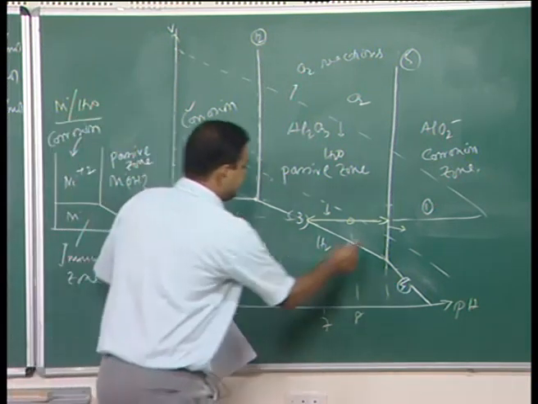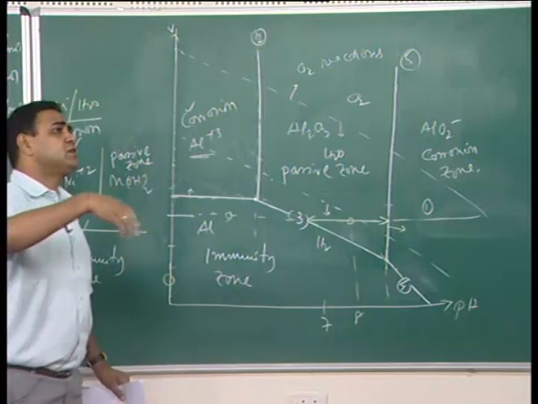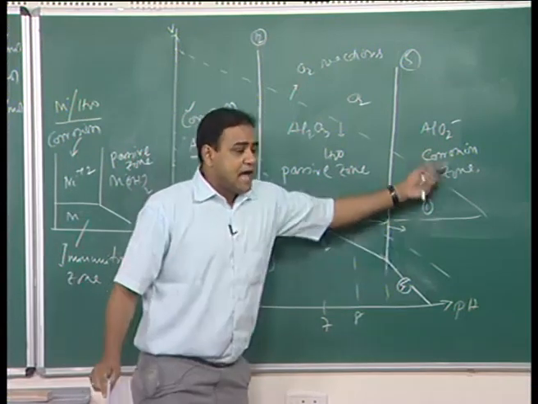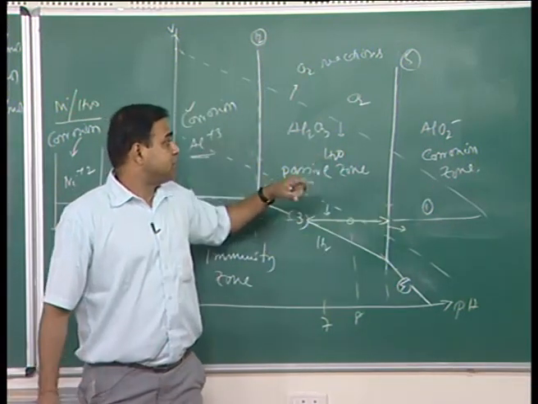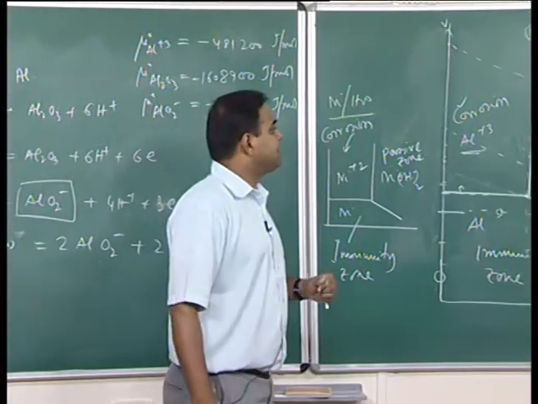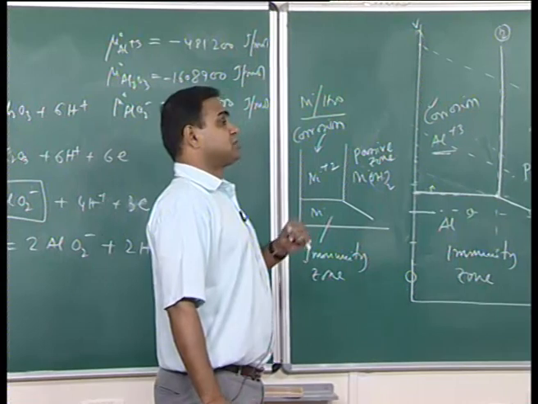So even when the pH goes to a very highly basic level, instead of a passive layer we can have a complex ion formation. If we have a complex ion formation, that also suggests corrosion.